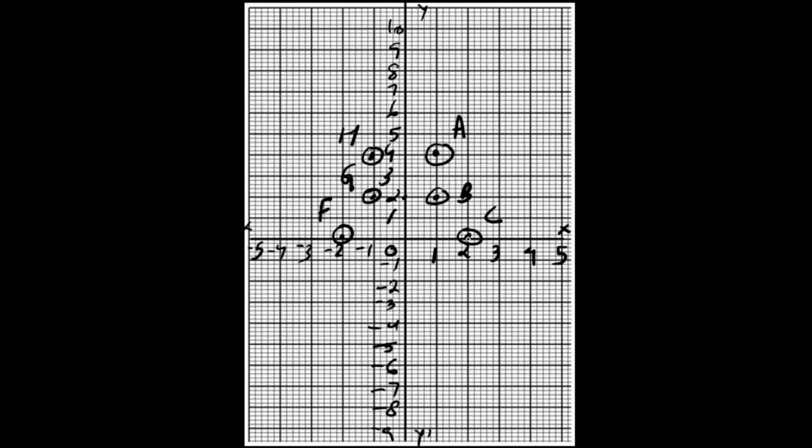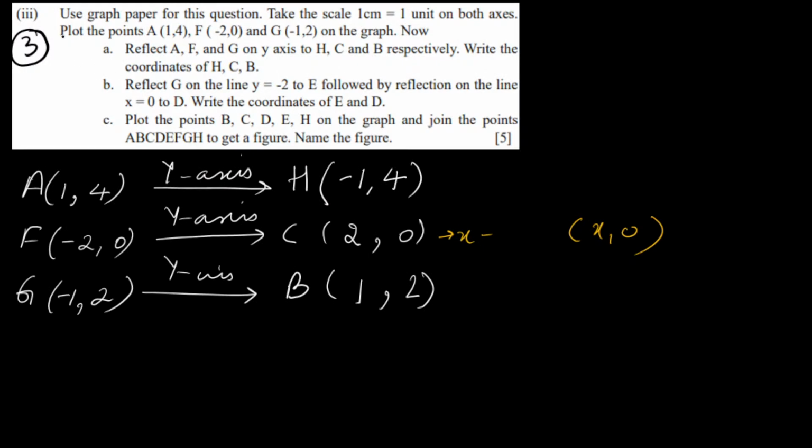So all the points and their reflected points I have plotted. So A is done. Reflect A, F, G on the y-axis to H, C, B and write the coordinates. Now reflect G on the line y = -2. This is point G, (-1, 2).